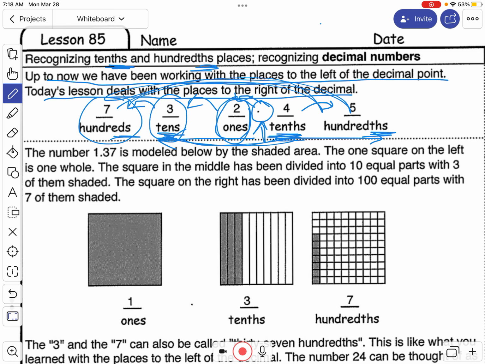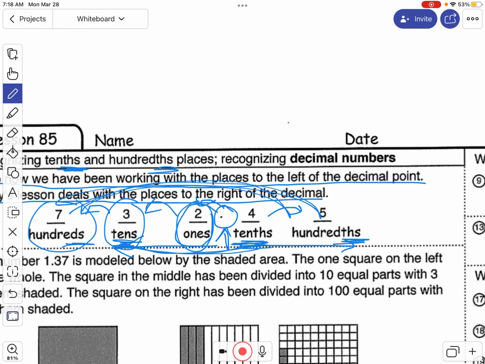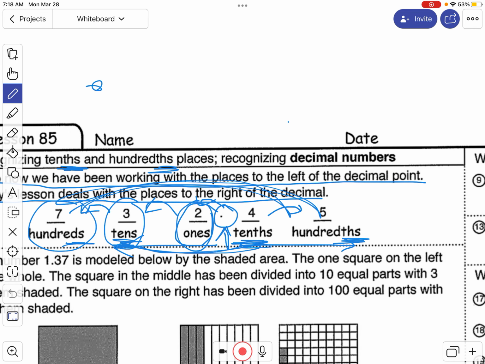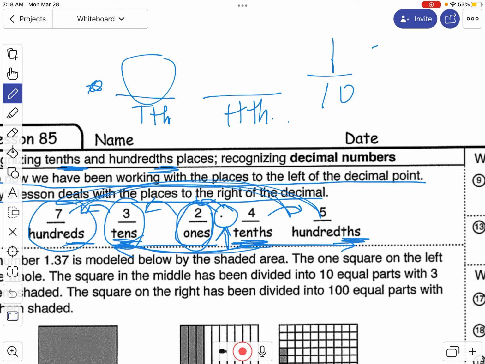Now, what does this actually mean? Let me show you here. I'm going to move this down. So the decimal point is here, the next place and the next place is called the tenths with a TH, and the hundredths with a TH. What this means is like a fraction. 1/10 or 2/10, whatever number is in here is the numerator in your fraction with a 10 as the denominator.